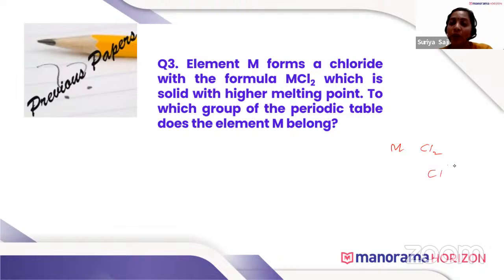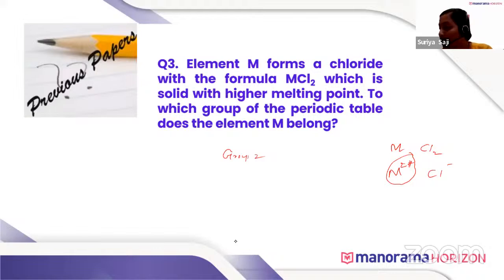Cl has valency 1, and 2 Cl atoms are there. Definitely this ion will be M2+. If 2 charges are there, it means 2 electrons are released. So which group element will have 2 electrons in its valence shell? Group 2, right? No one answered.